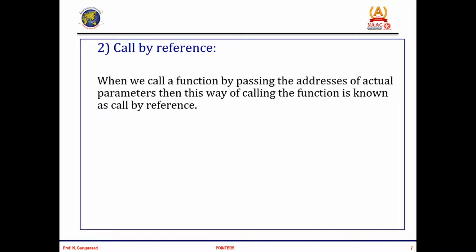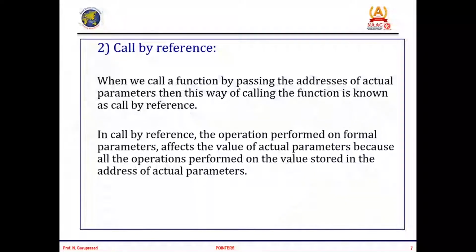On the other hand, we are going to call a function with address as the parameter. I mean, the address of the variables will be sent as a parameter to the function. So that's what we say: when we call a function by passing the address of actual parameters, this methodology of calling the function is known as call by reference.